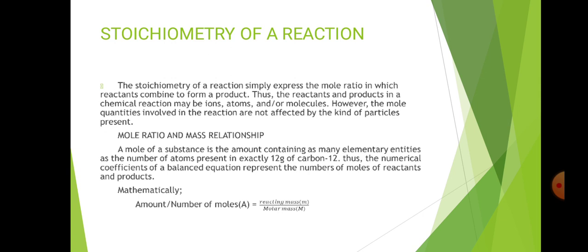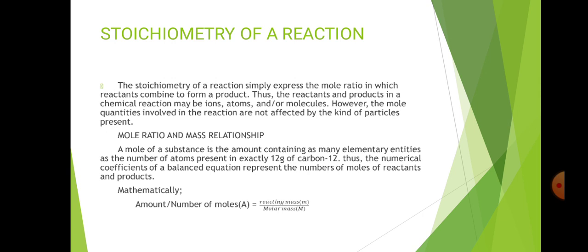So stoichiometry helps us to understand the number of A reacting with B to give C and D. And this is best understood from the chemical equation of the reaction.